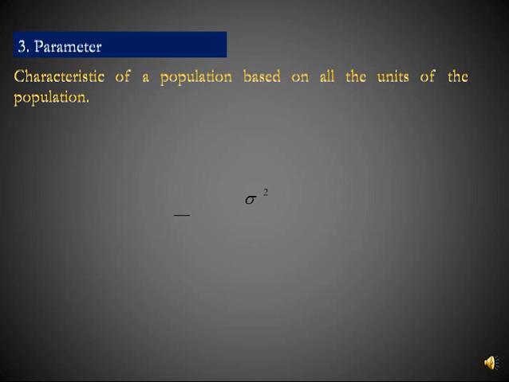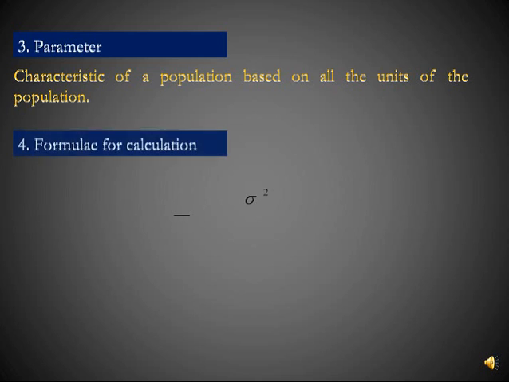If X alpha denotes the alphath member of the population, then the population mean mu, which represents the average length of life of all the lamps produced by General Electricals, is given by mu is equal to sigma x alpha upon N.